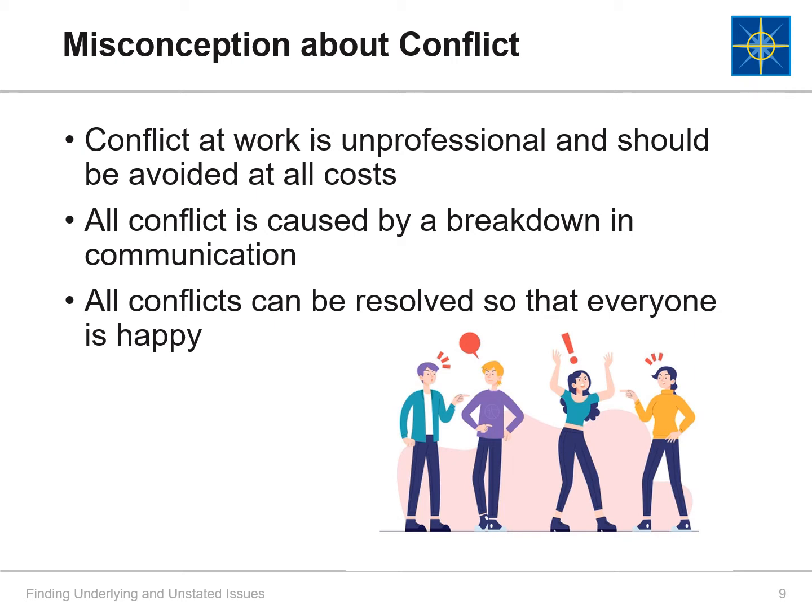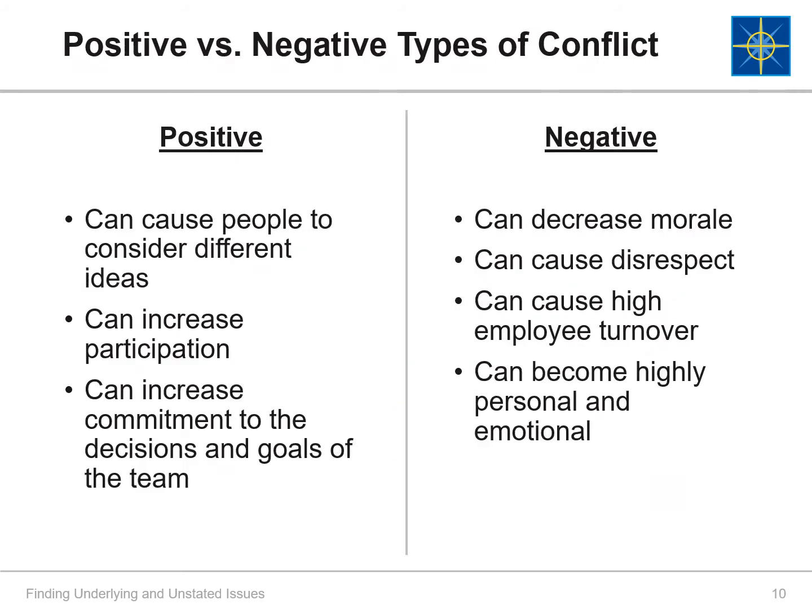In reality, as uncomfortable as it can be, conflict can actually be a source of growth and creativity. That's not to say that conflict is always a good thing. It's important to be able to recognize when conflict is a good thing and when it's detrimental. Let's go over some of the characteristics of good versus bad conflict.